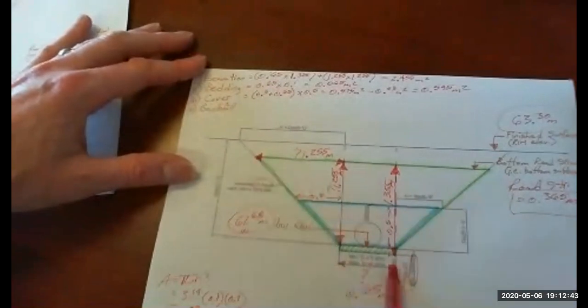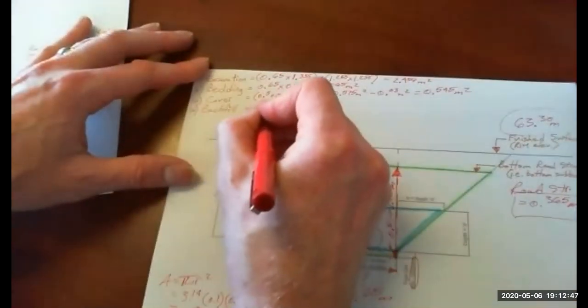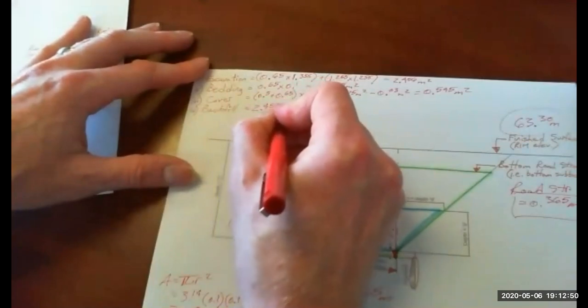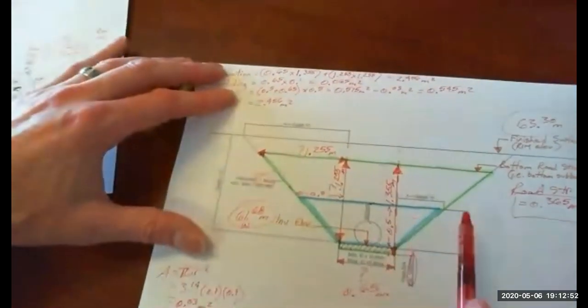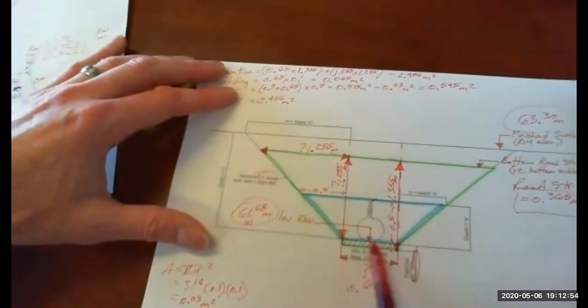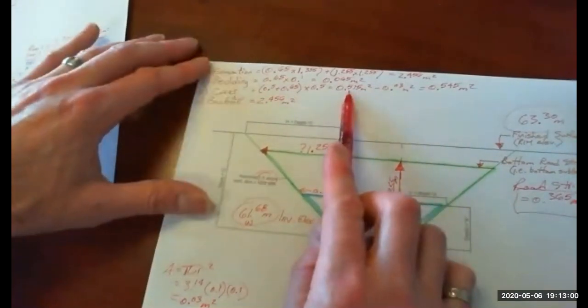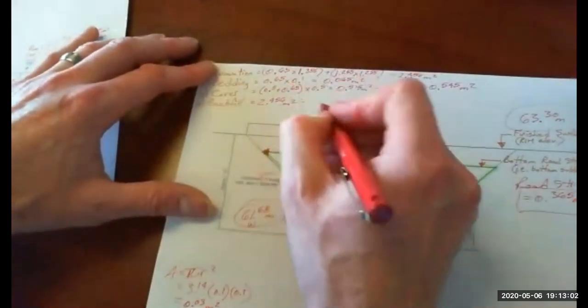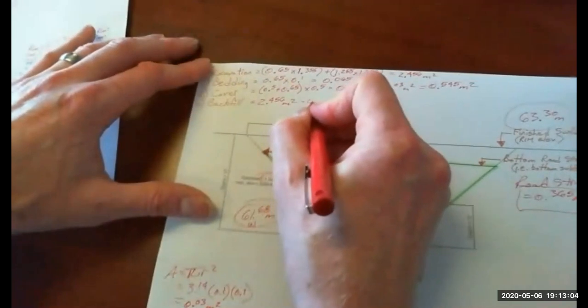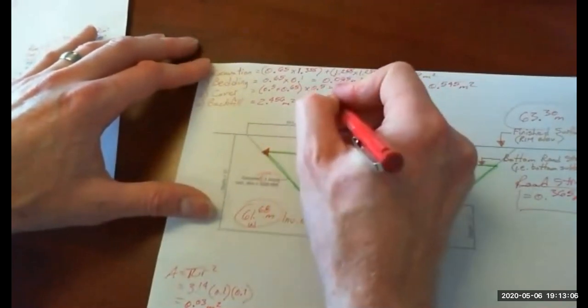I'll take the overall excavated area, which was 2.456 square meters. I need to subtract the blue area without the pipe deduction, so that was this number here, 0.575.